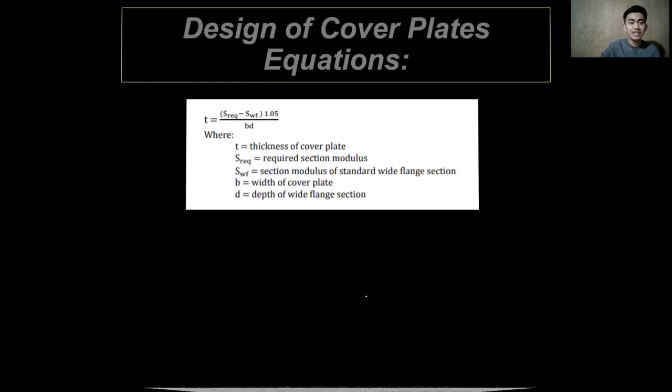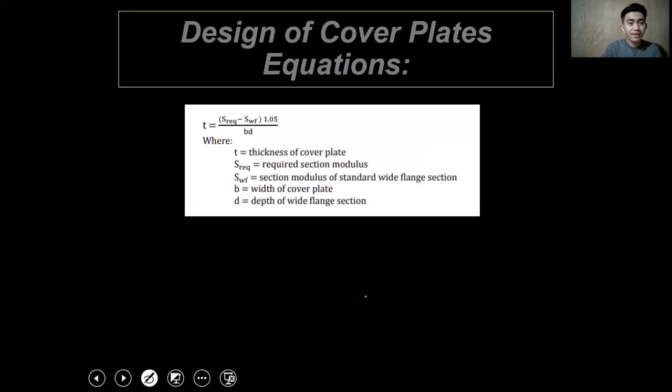Equation for thickness dito, it says there, thickness is equal to S required minus S of the wide flange multiplied by 1.05 divided by base times D. What is S required? The S required now is the section modulus of the original material which was purchased. So given na yan dun sa problem natin.